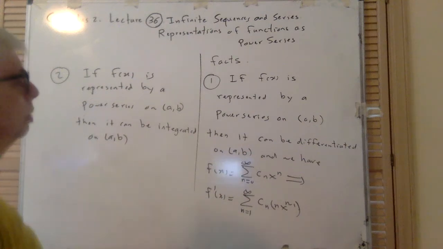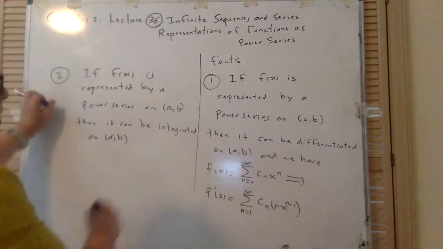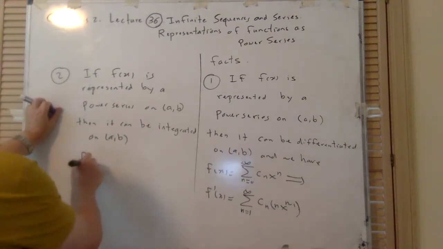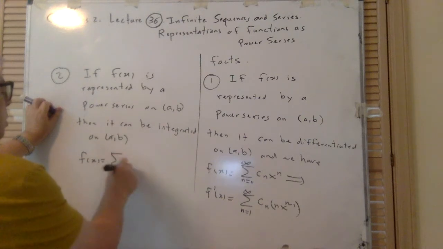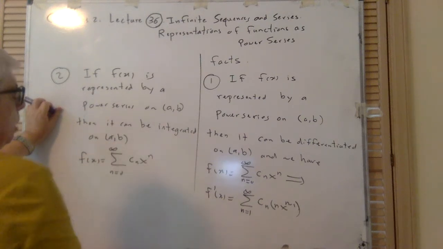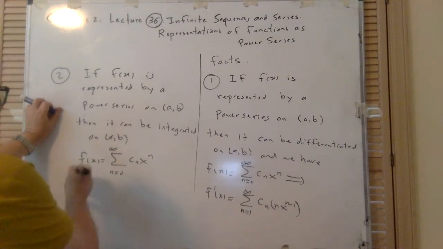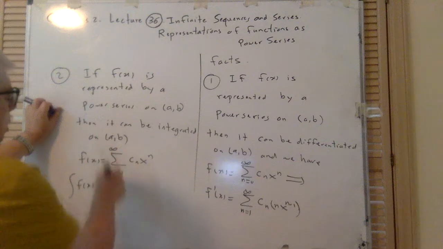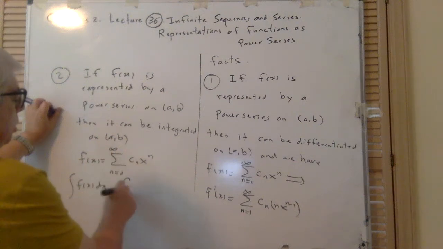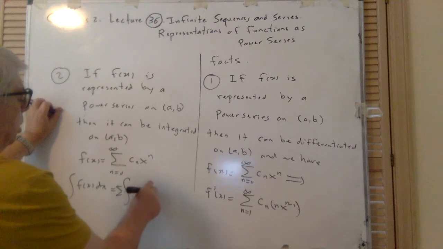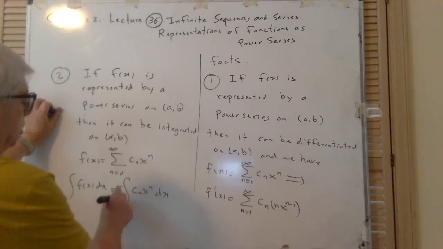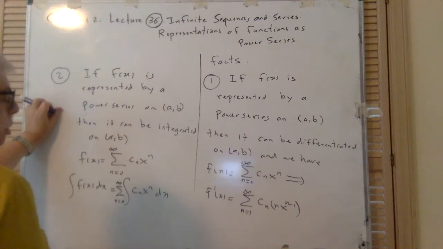So antiderivative. So if I have f(x) like this, again, sum n from 0 to infinity of C_n x^n, then the integral of f(x) dx is like this again. So it is the sum of the integral of C_n x^n dx.